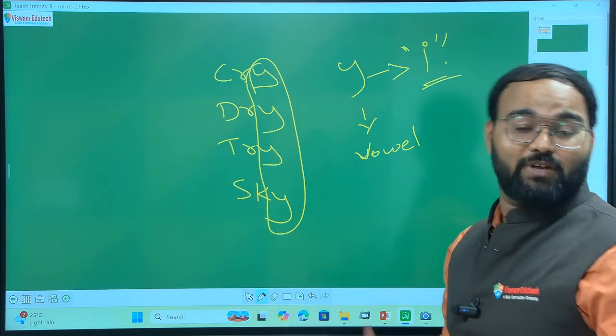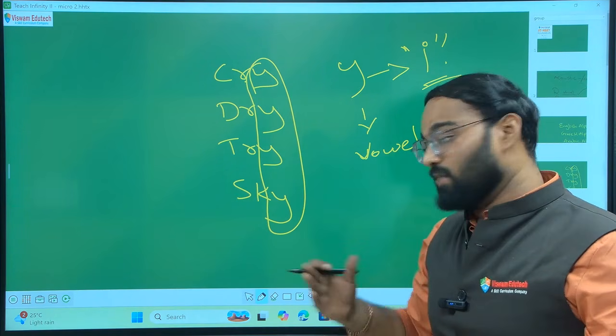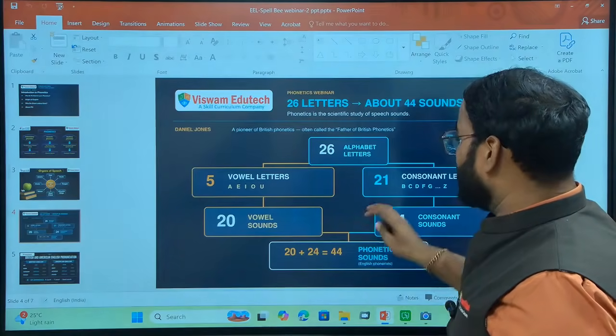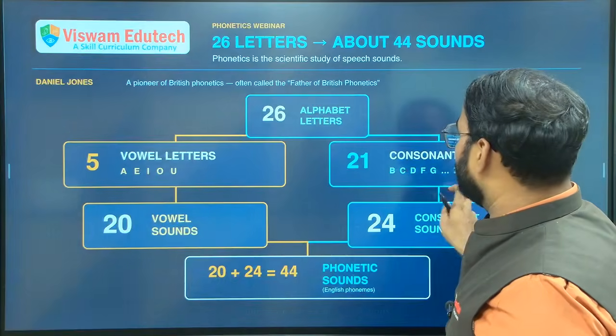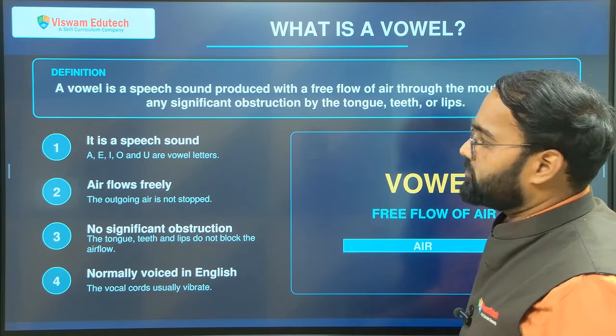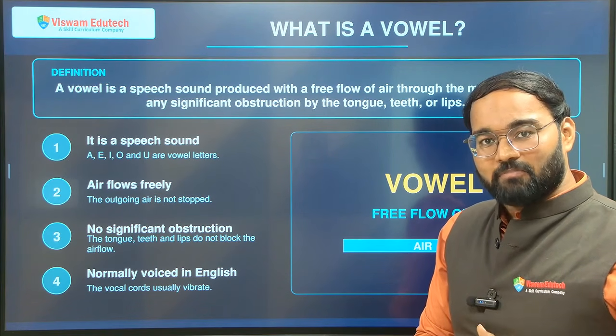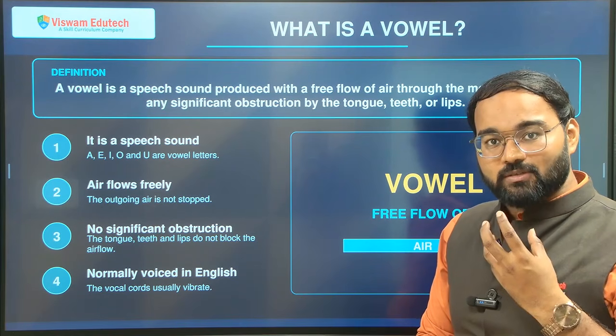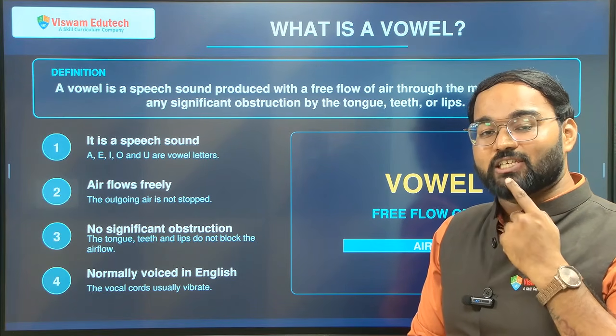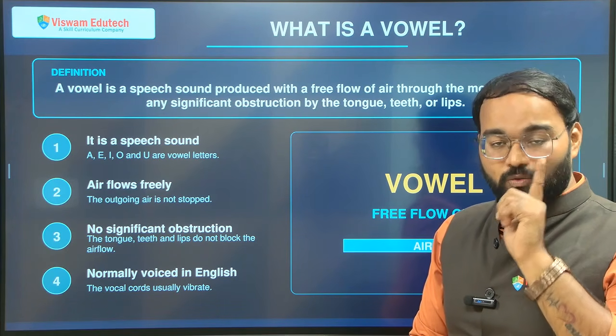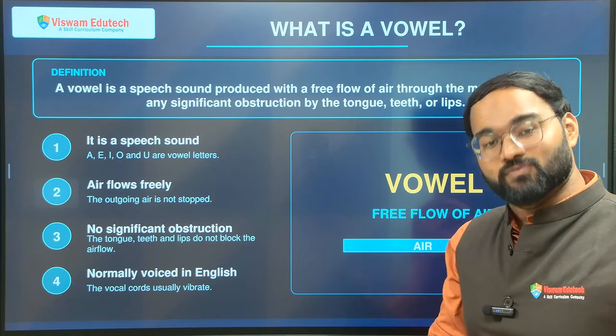And that's not the definition of vowels. We have a definition for vowel. Alphabet sound produced by the mouth, by the tongue not touching the upper part of the mouth. Those are called vowels.